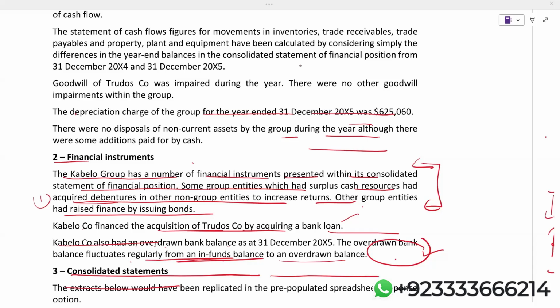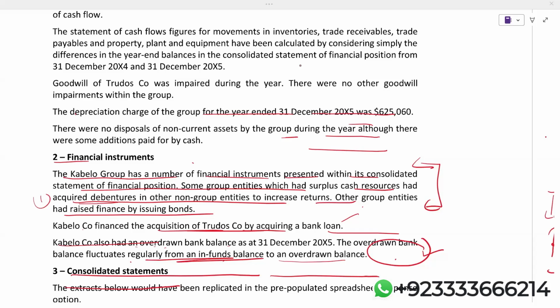Then in the other 4 classes, in each class we covered one proper recent past paper question. Now we are left with only one more consolidation question, which I will do from the ACCA pre-seen mock. But first you will attempt it, then we will do it.